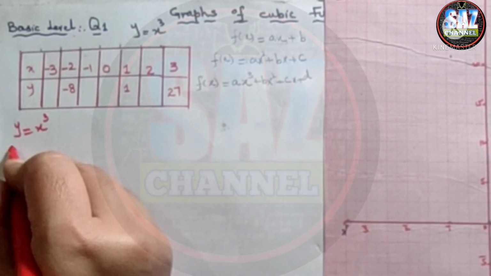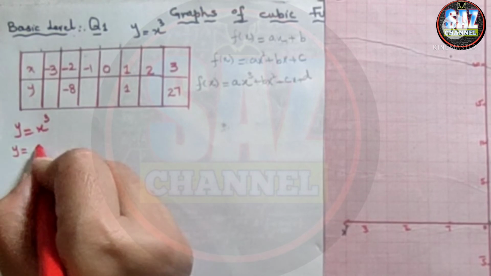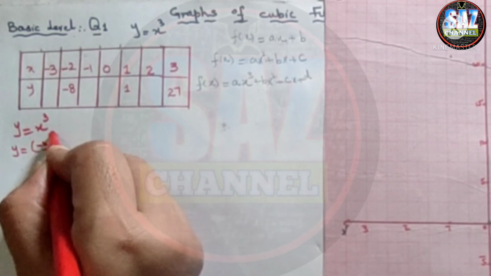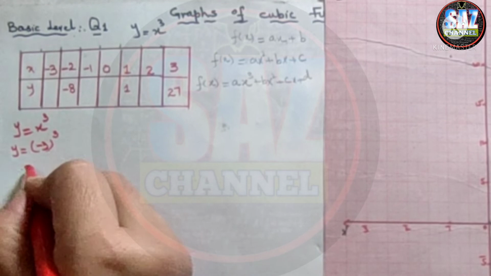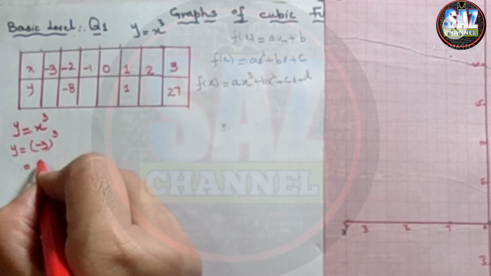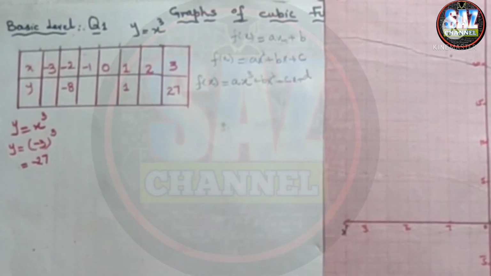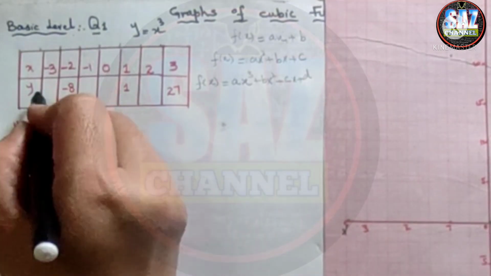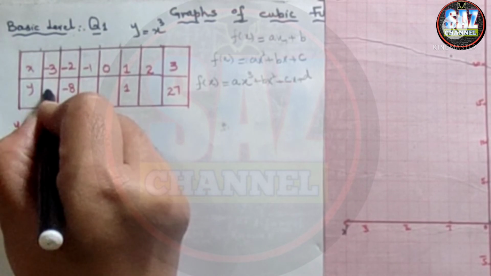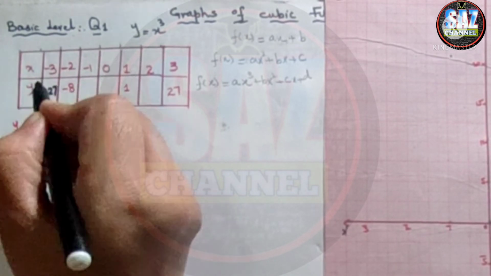When I'm putting x equals -3, this will become -3 cube, and we know -3 cube is -3 multiplied by -3 multiplied by -3, which is -27. After getting the value, we have to write that value in the table in front of -3.